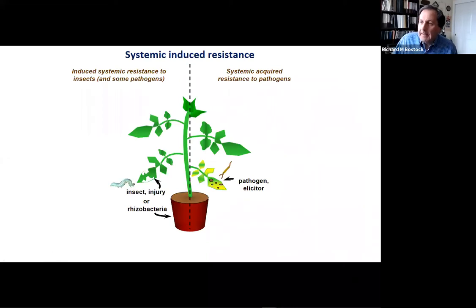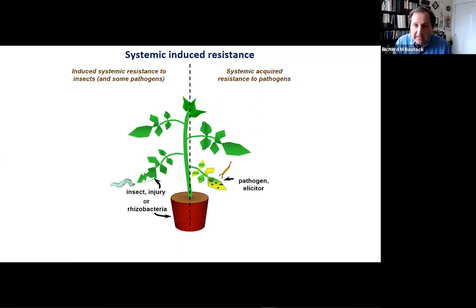The way I like to organize it, I like to talk about systemic induced resistance, and there are a couple of different types. I'm going to try to show this to you on this little graphic here. We can think of induced systemic resistance to insects and some pathogens. We call it ISR. What's going on here: a plant leaf, the lower leaf, can be attacked by an insect.